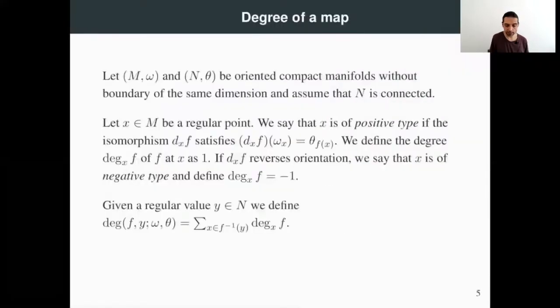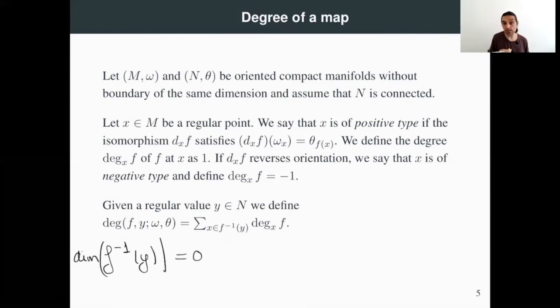Given a regular value y, okay, we consider all the points in the preimage and we just sum the degrees of f at those points. Let us actually realize that the preimage of y is a submanifold of M because it's the preimage of a regular value, and the dimension is equal to 0.